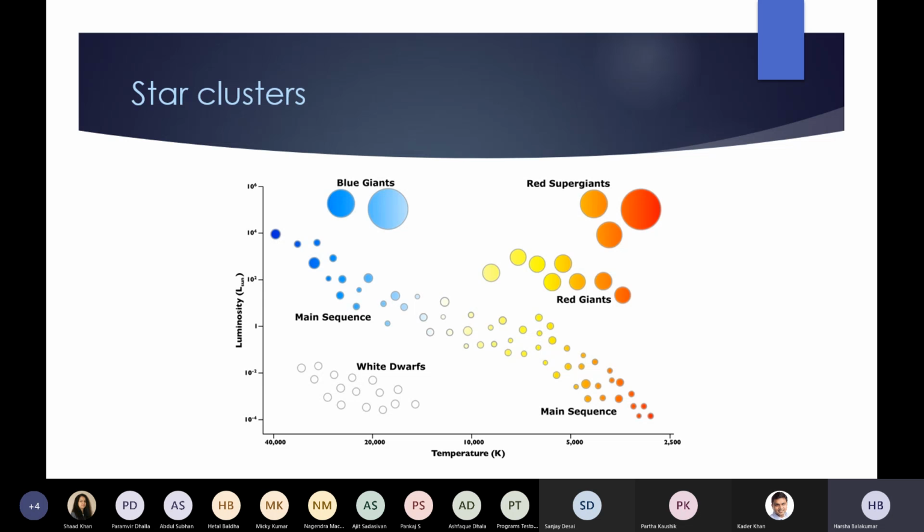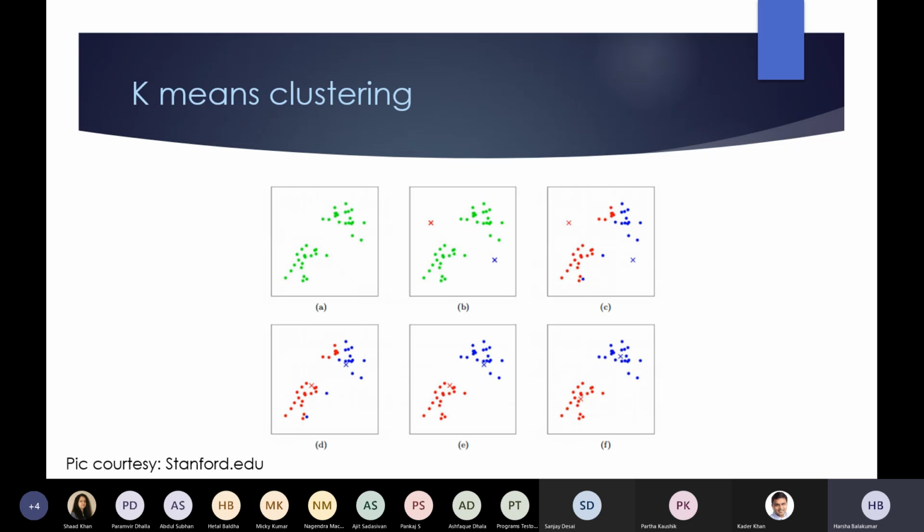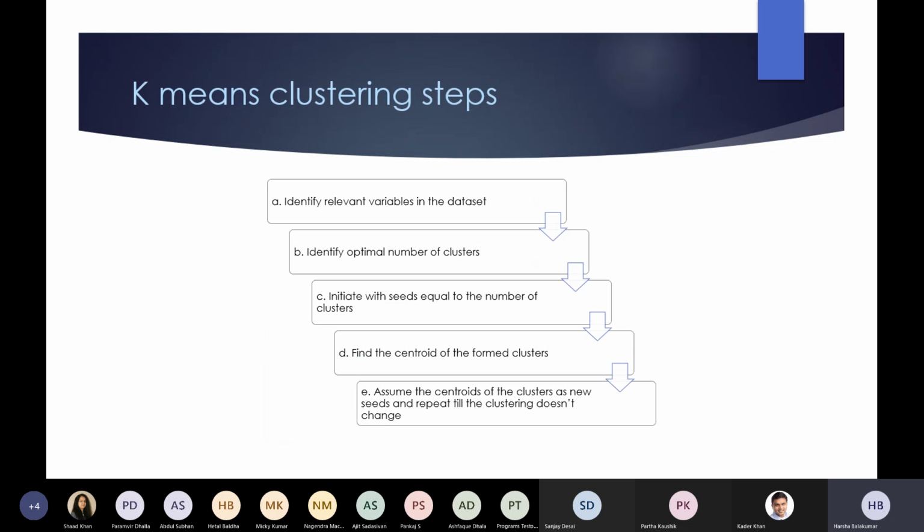There is some amount of data analysis which is done before we get to clustering. So the point you're asking should be covered in that. If I go through the sequence, the first step is to identify the relevant variables in the data set.